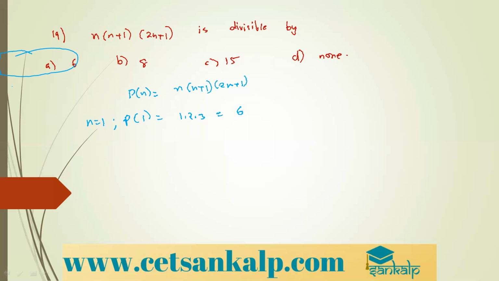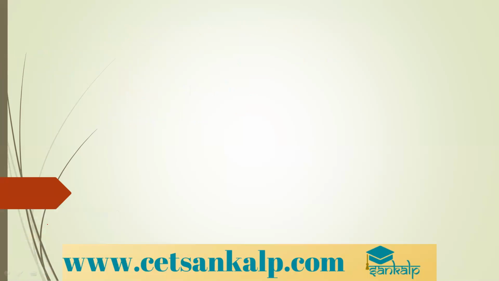Next, we can go to question number 20. In question number 20, we will take S of k as 1 plus 3 plus 5 and go on up to 2k minus 1, which is given as 3 plus k square.